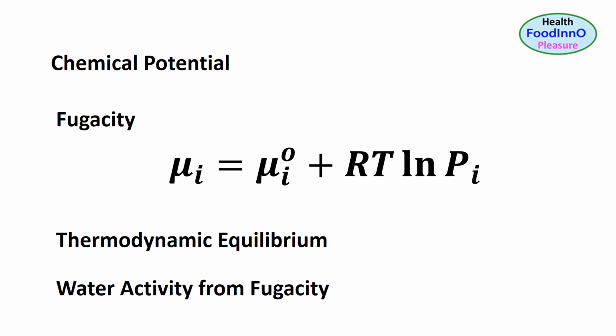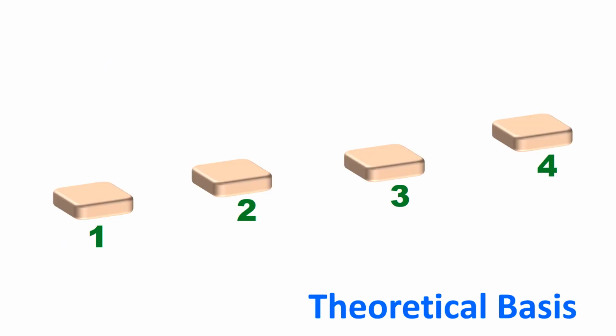One is chemical potential and fugacity to address non-ideality and thermodynamic equilibrium. The chemical potential is a driving force in the transfer of a material from one phase to another and provides a basic criterion for phase equilibrium.